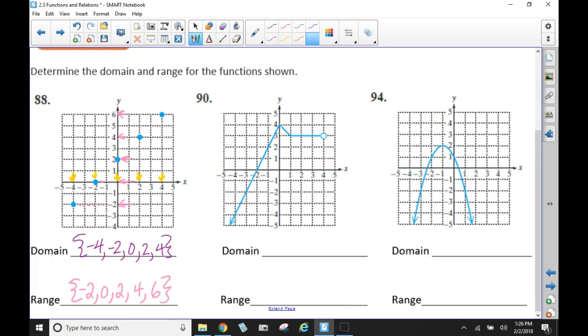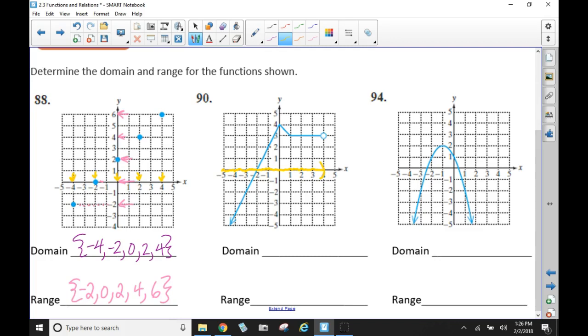On number 90, the domain is the set of all x values, and so we have action occurring for our x values all the way from really large negative values all the way up to 4, not including 4.